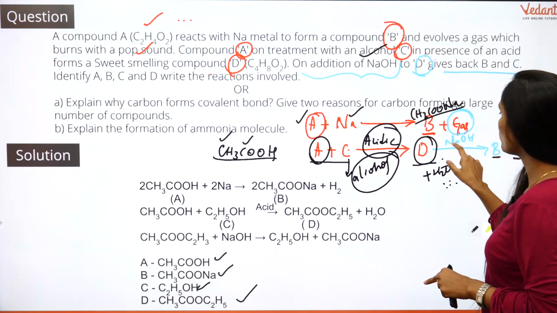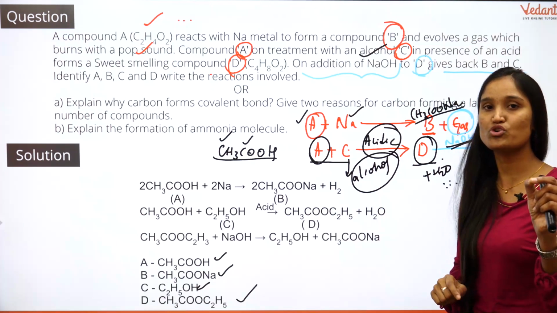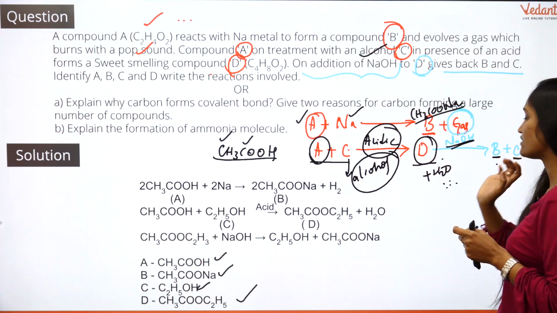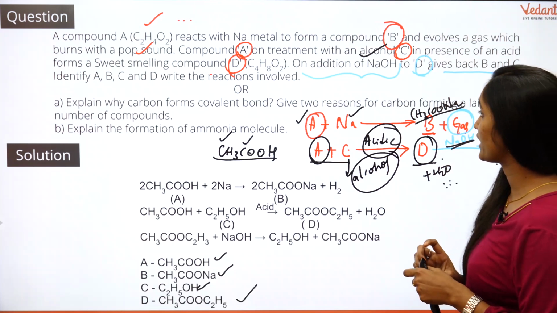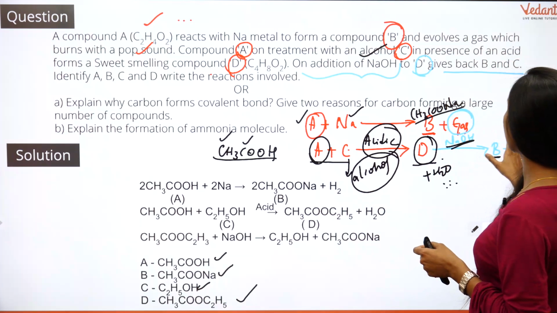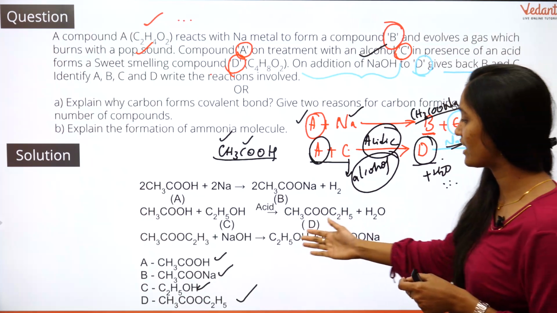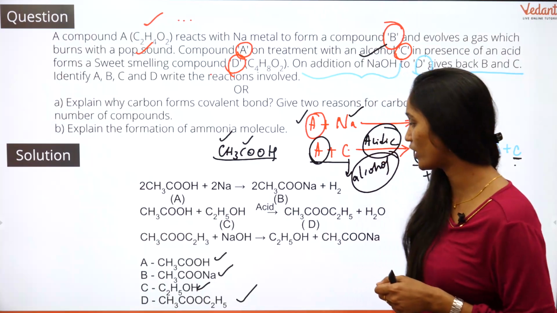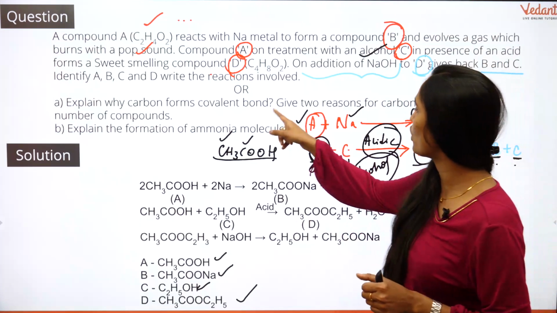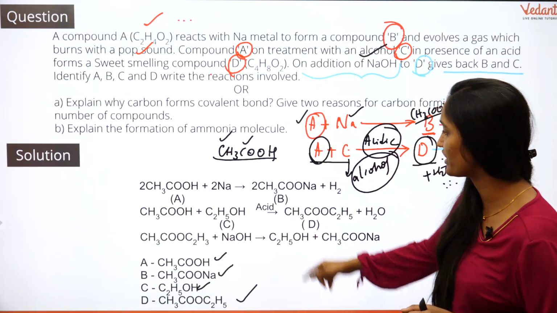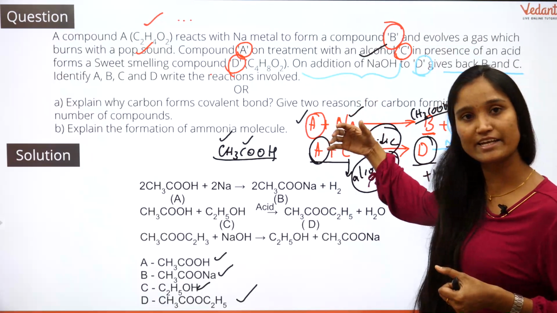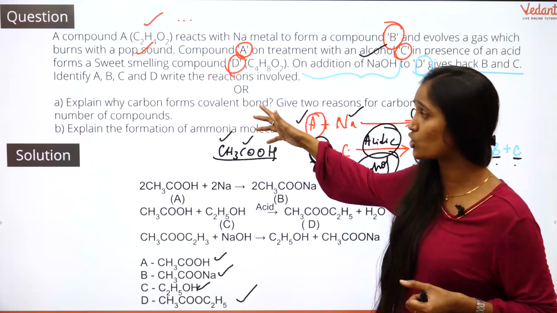And now these two, when reacted with a few drops of aqueous NaOH, will give you back B and C, which are nothing but CH3COONa and C2H5OH. Are we clear? We already have mentioned the equations over here as you get to see on the screen. Done.